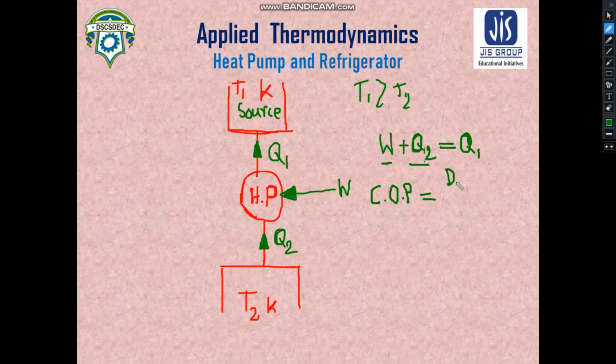COP is defined as the ratio of the desired output divided by the work input. Now what is your desired output here?